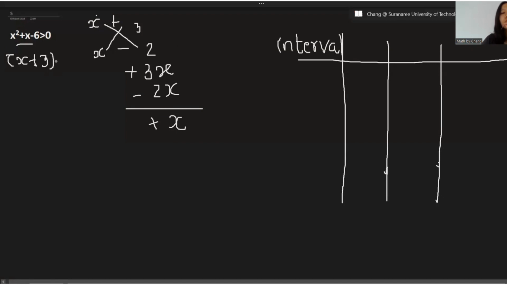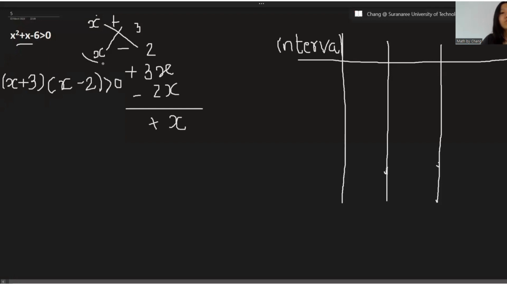Maybe I would write it below so that it will get more space. X plus 3 into x minus 2 will be greater than 0.